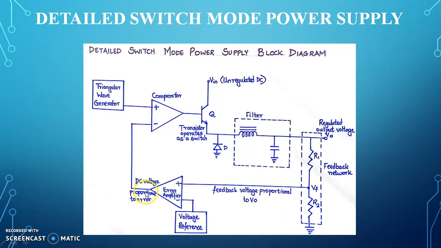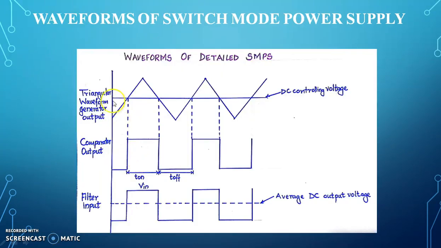As VF is increasing, the DC voltage is also more, and here if we compare in the waveforms, if we increase the DC voltage, then what will happen? The T-on period reduces, and automatically the average DC voltage will reduce. So this regulation takes place.